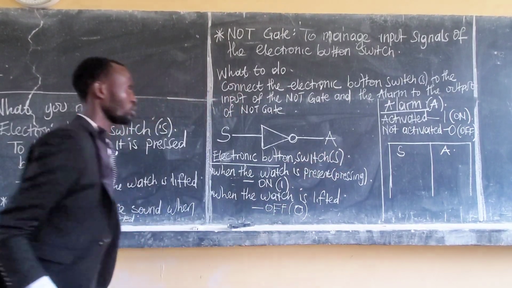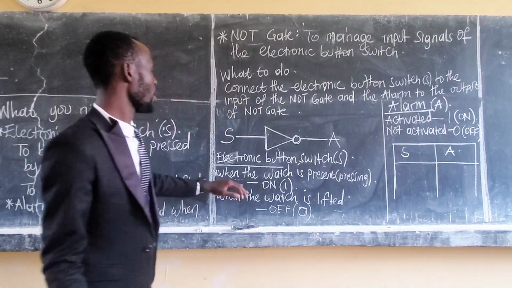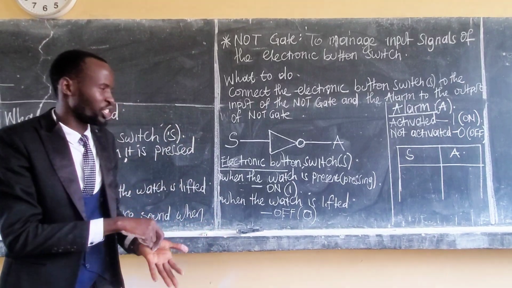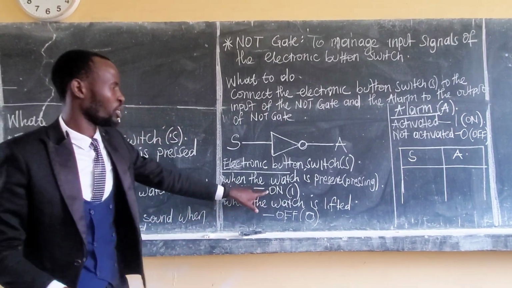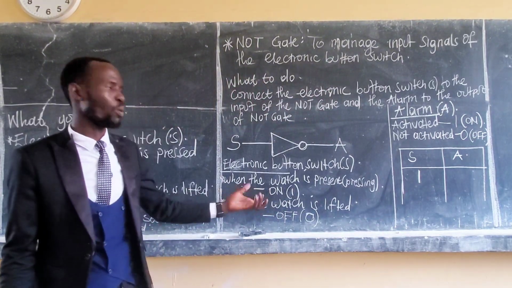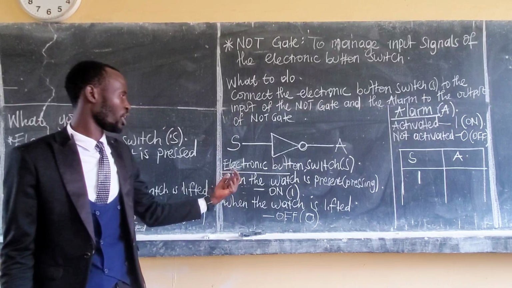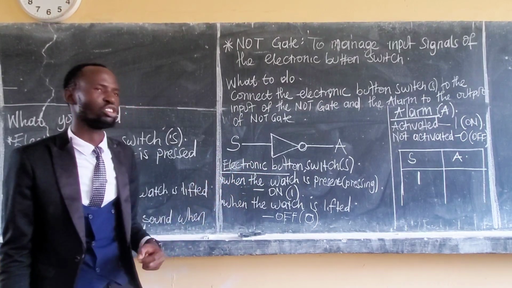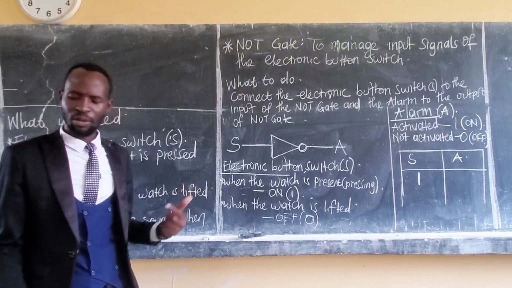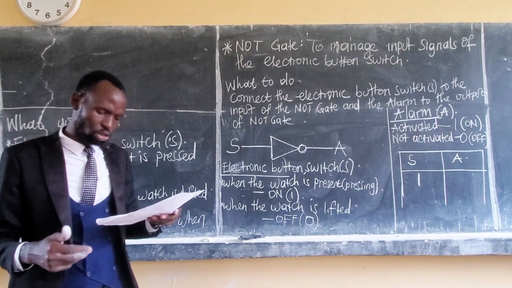So what really happens? When the watch is present, or when the watch is on the switch and pressing it, the switch is on, so we denote that as a 1. That 1 means the watch is pressing the electronic button switch. What happens to the alarm? In the scenario, whenever the switch is on, the alarm is off.